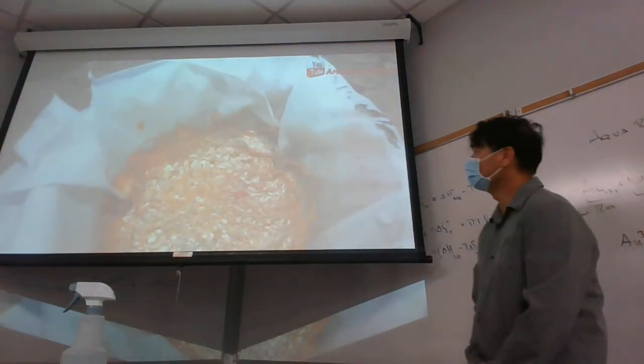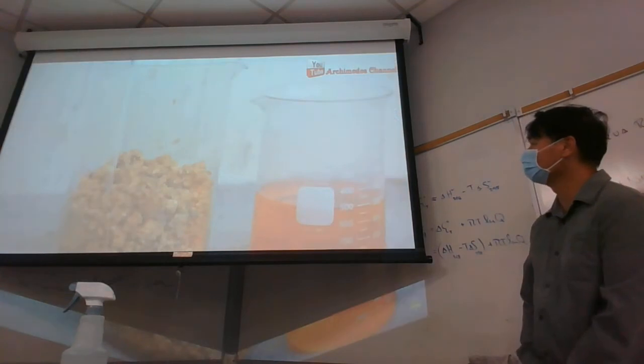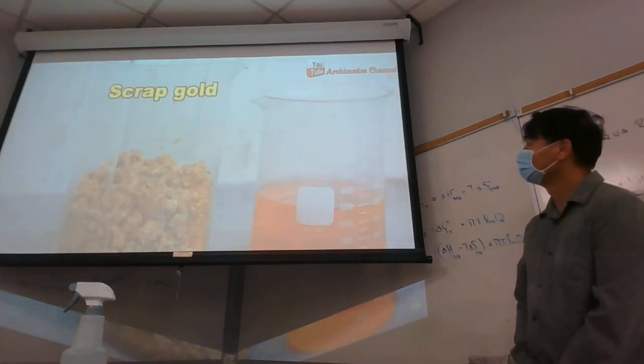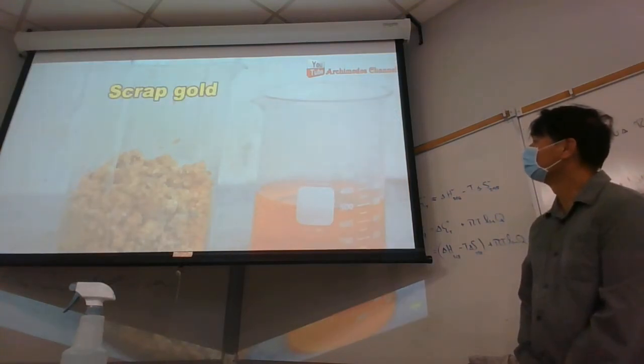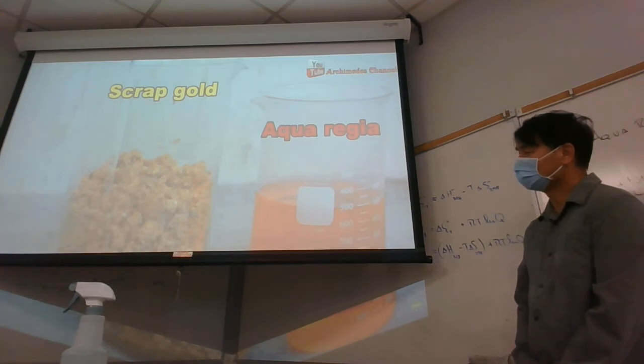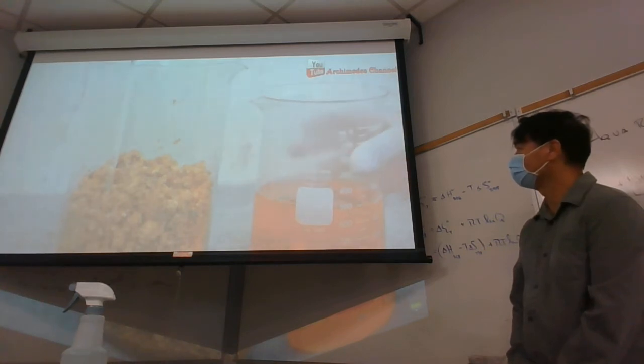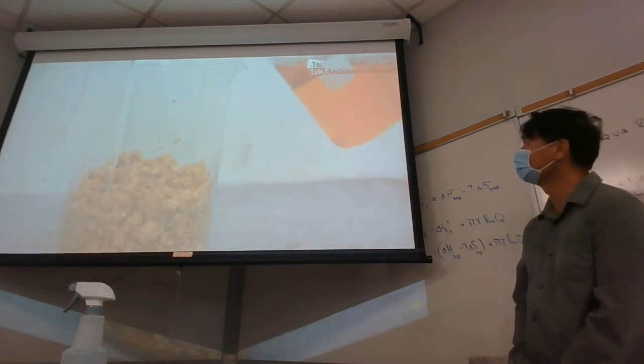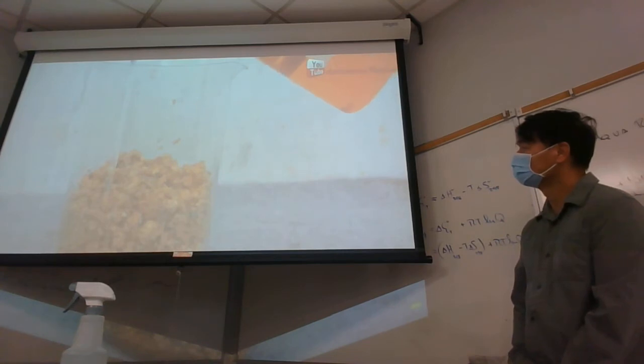It looks like they already leached the gold out of there. The other one was actually recovering it from the electronics, so I'd have to find it, since it doesn't pop up. But that's aqua regia. Really that color? Yeah.